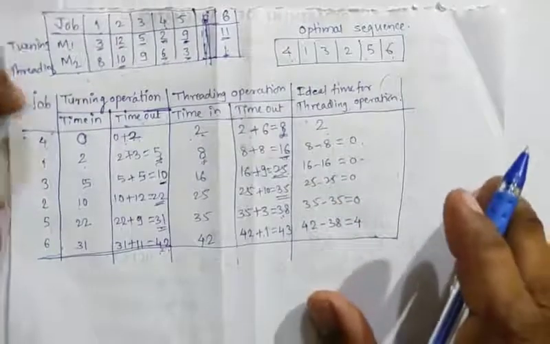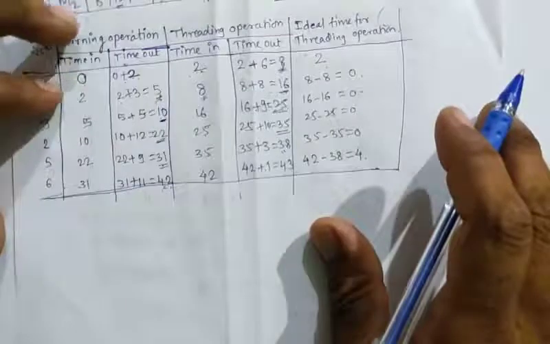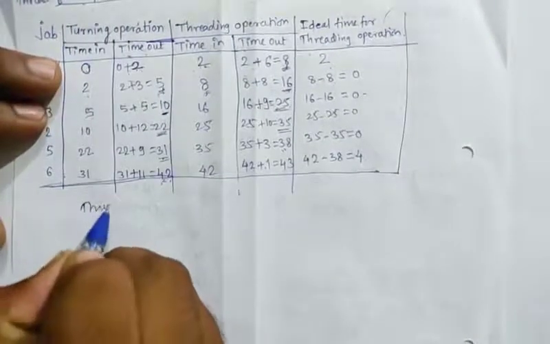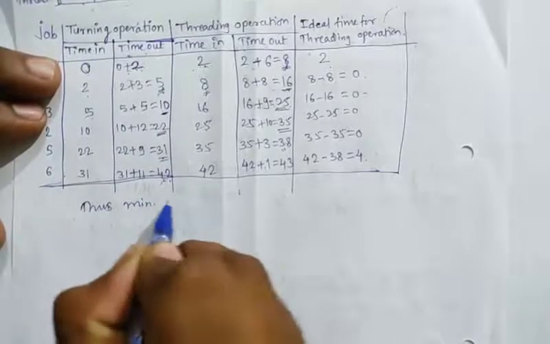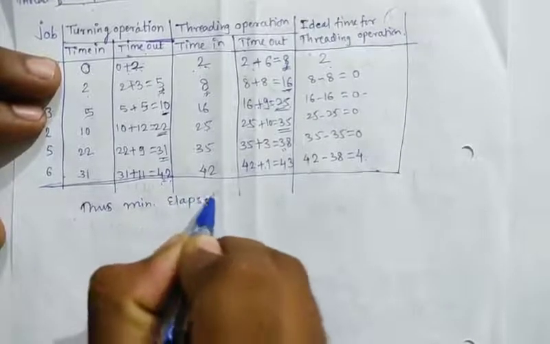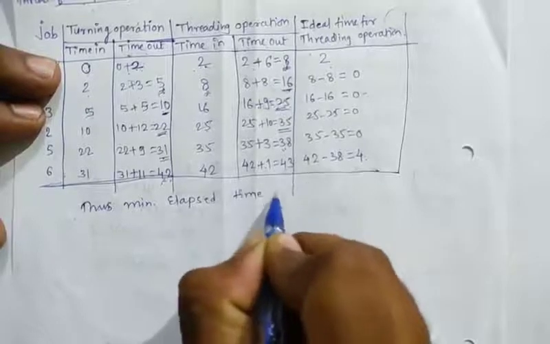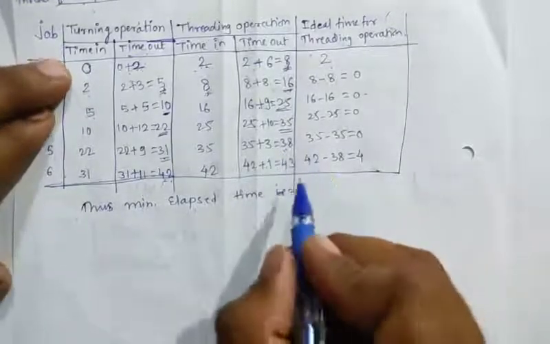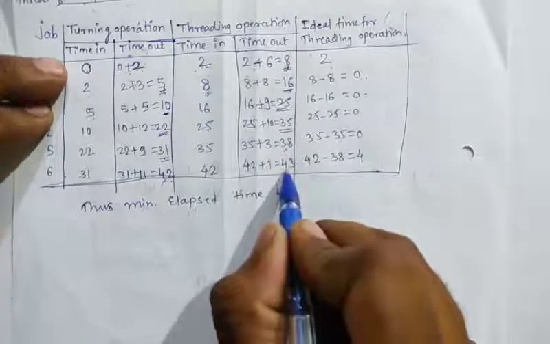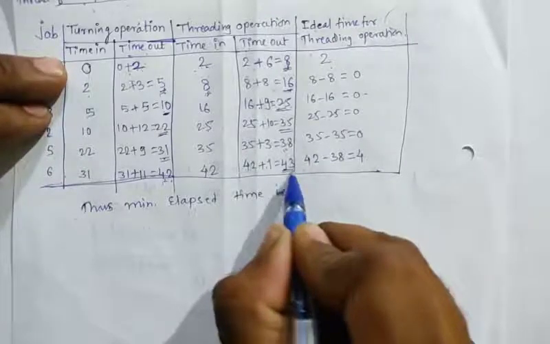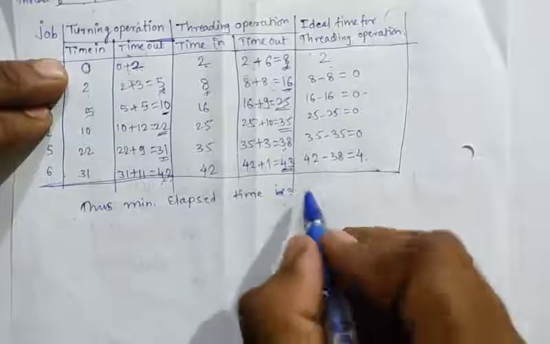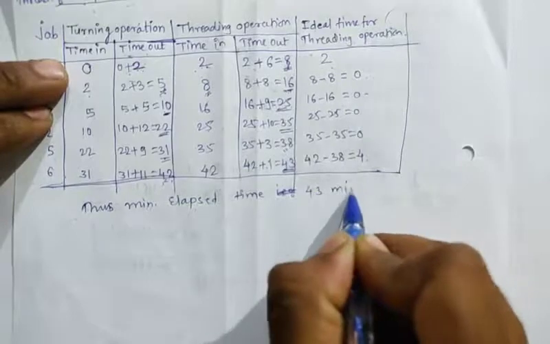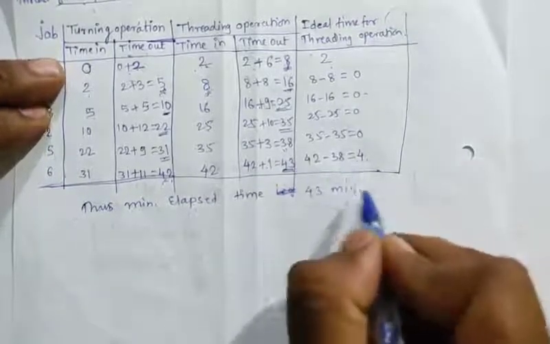Now we have to find out the total elapsed time. Thus the minimum elapsed time is how much time is required to complete the given process. Here we get the total as 43 minutes. So the total minimum elapsed time is 43 minutes to complete the whole job, right?